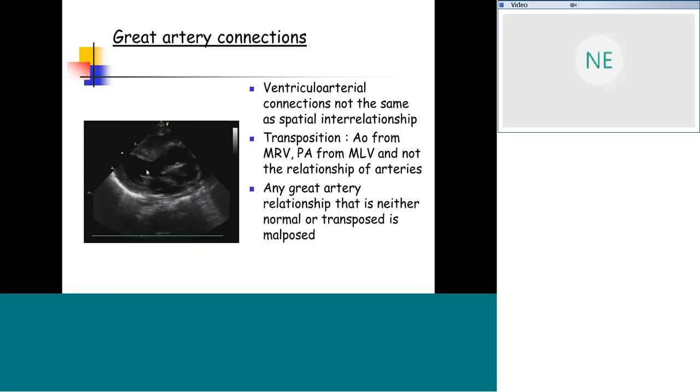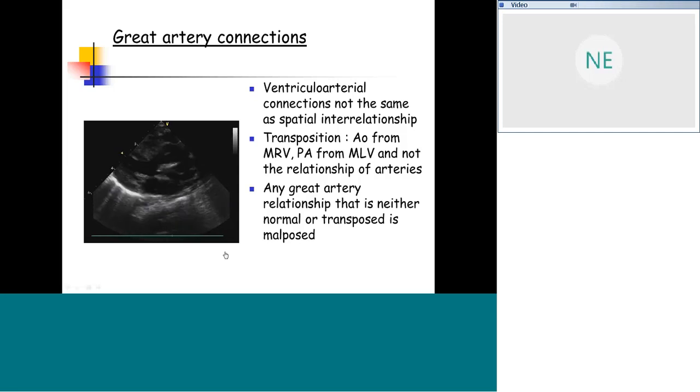Now coming down to the third brick, which is the great arteries. We need to understand that great artery connections are not the same as the relationship between the great arteries. There is the relationship between the aorta and the pulmonary artery, and there is something which decides the ventriculo-arterial connection.